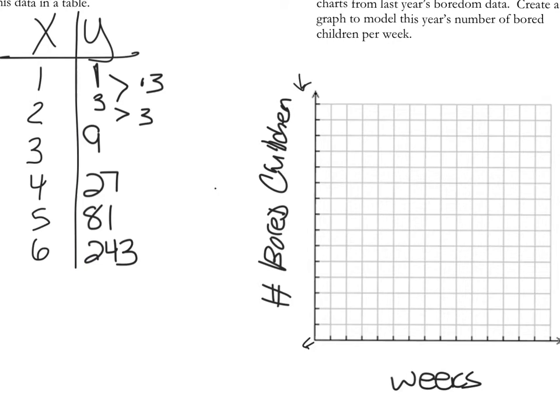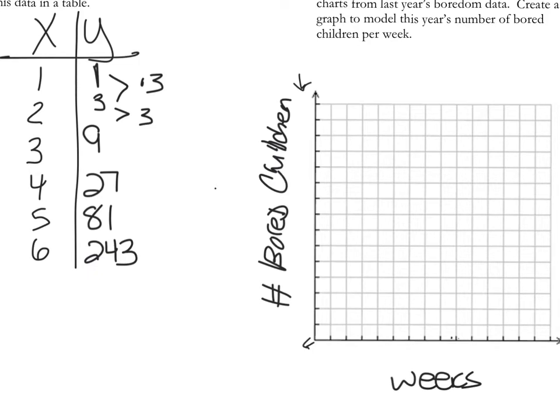I can't say 1 and then 2, 3, 5, 4, 5, 6. Okay, I can't do that because there's not the same amount of units between each of the segments.